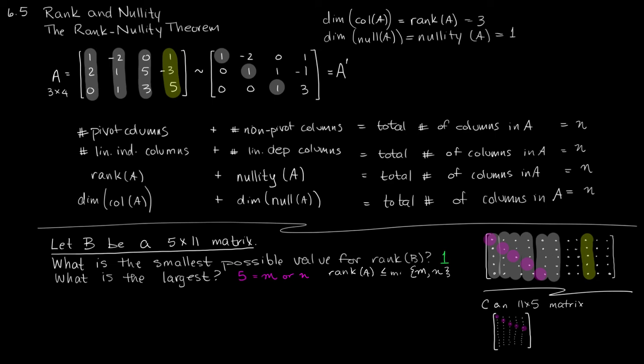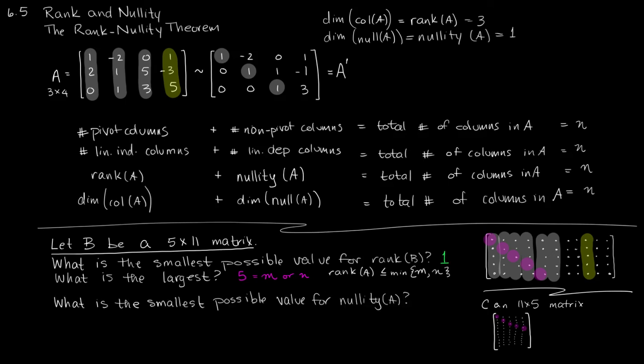So we say the minimum of either M or N. If you have a 12 by 17 matrix, then the rank could only be 12. If you have a 19 by 4 matrix, then the rank could only be 4. It might be less. It could be as low as 1, but it's definitely not going to be bigger than the minimum of either the M dimension or the N dimension.